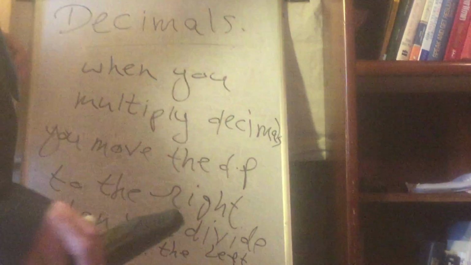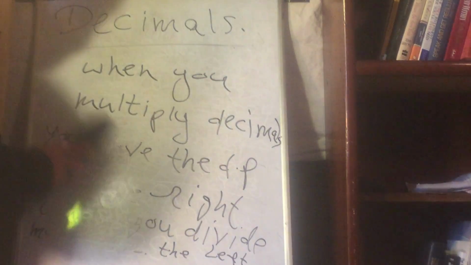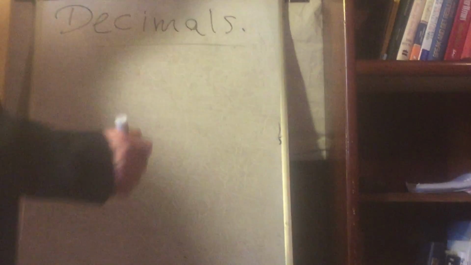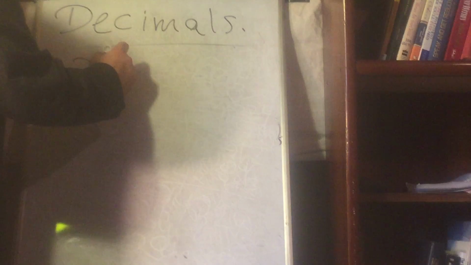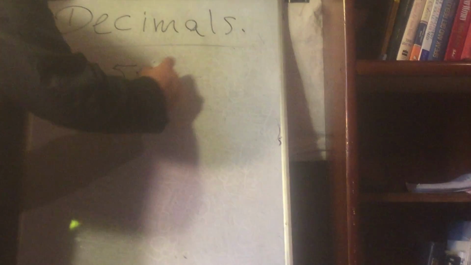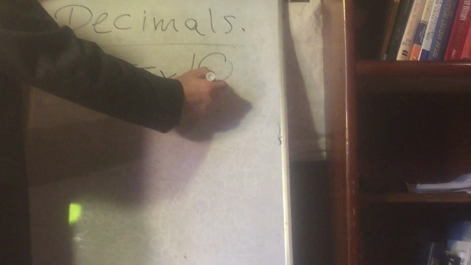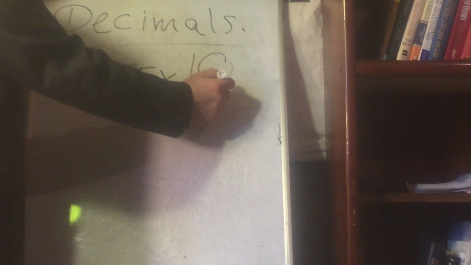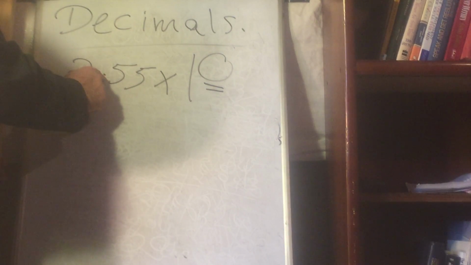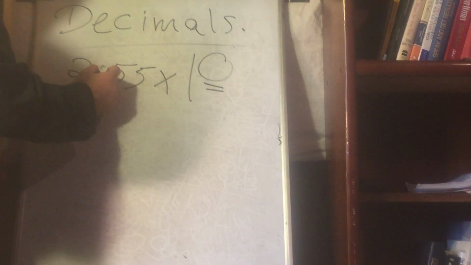Okay, so let me give you an example, to know exactly what I'm talking about. Let's say we have 2.55 and we multiply it by 10. We are multiplying. How many zeros? 1 zero. So we move this decimal, because we're multiplying, we move it to the right.